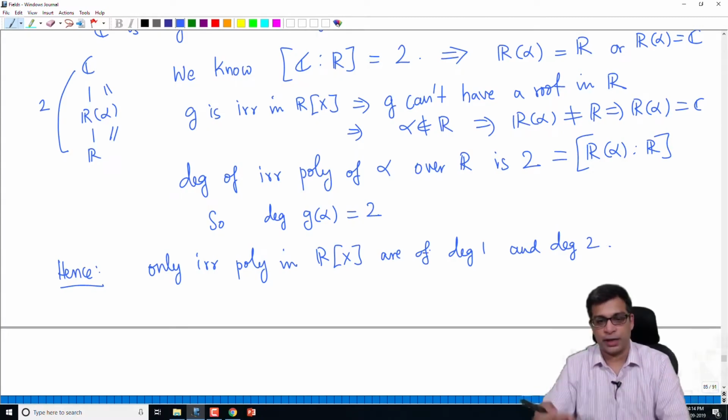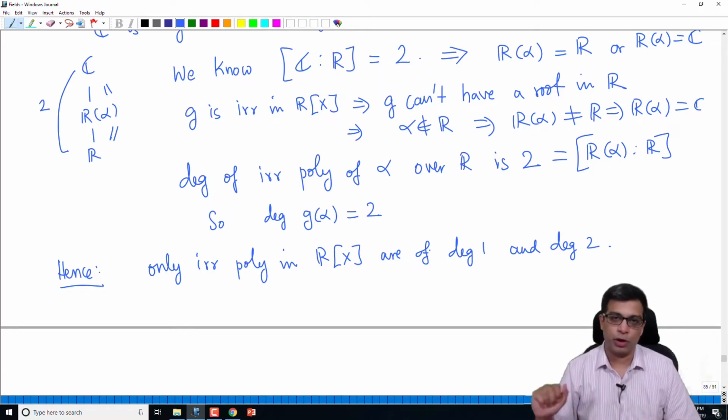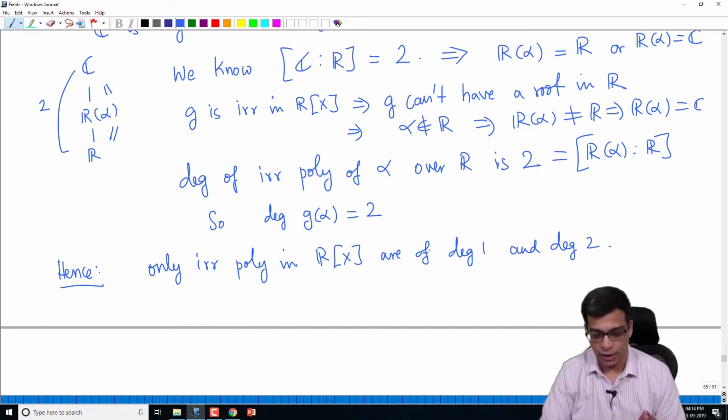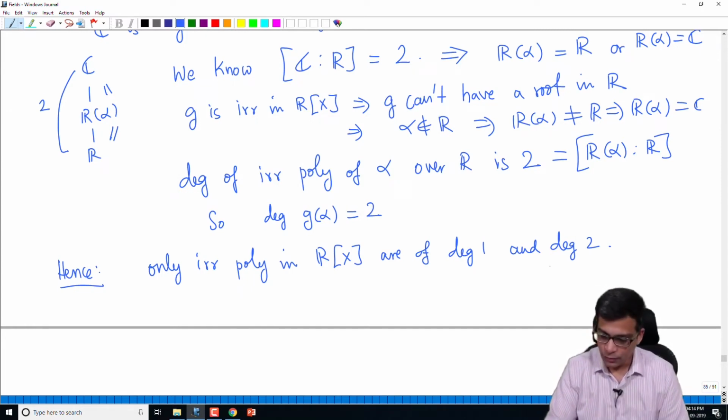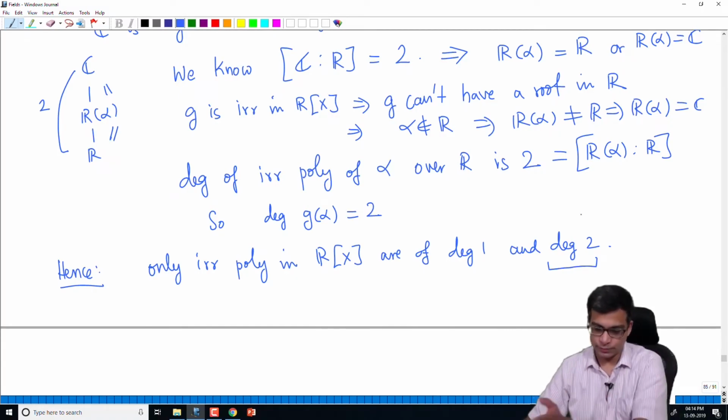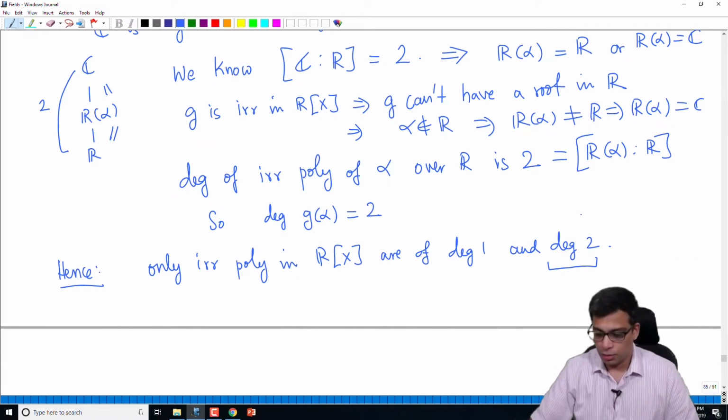Remember, what is an algebraically closed field? Every non-constant polynomial has a root. Another way of saying this is that the degree of an irreducible polynomial has to be 1. There can't be an irreducible polynomial of degree 2 or 3 or higher. R is very close to that. R doesn't quite have the property of being algebraically closed, but it is very close because it has one additional degree that's possible for irreducible polynomials, but not anything else.